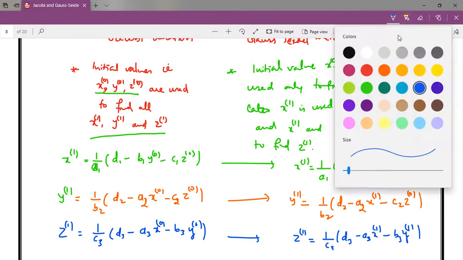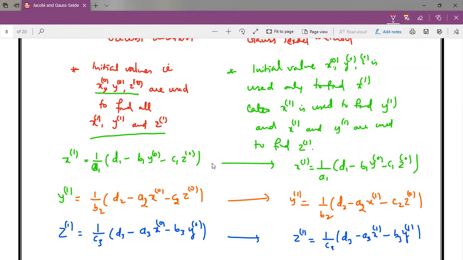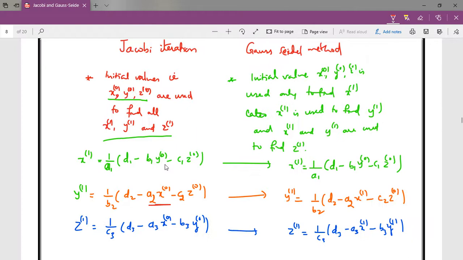So now I think you are easily finding the difference. What is the difference? In x1, both sides it is the same. While finding y1, you are using x0 in Jacobi iteration, but in Gauss Seidel you are using x1, that is the latest root. Already you got x1 and you are using the same while calculating y1. Okay.